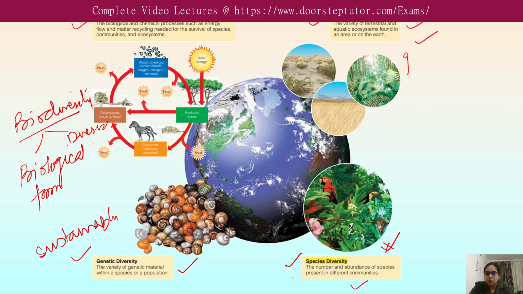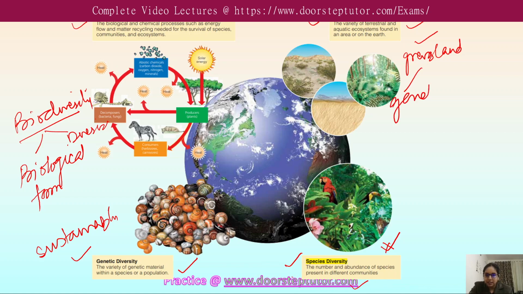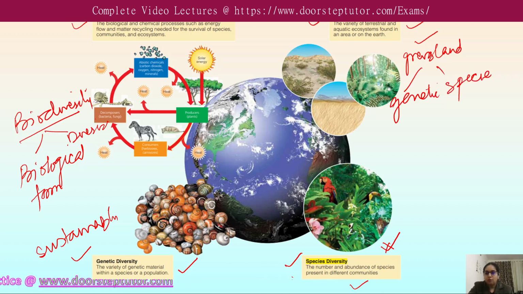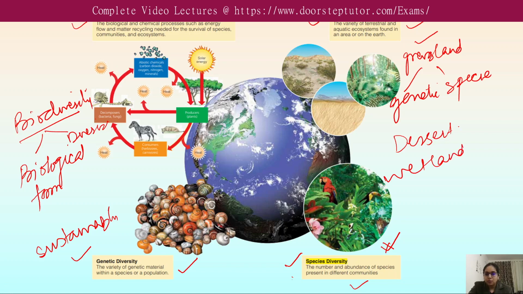Whether it is a grassland ecosystem, a desert ecosystem, or a wetland ecosystem, it is a storehouse of a variety of genetic diversity as well as species diversity.